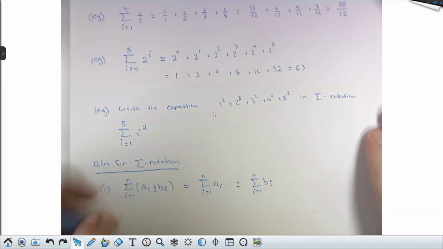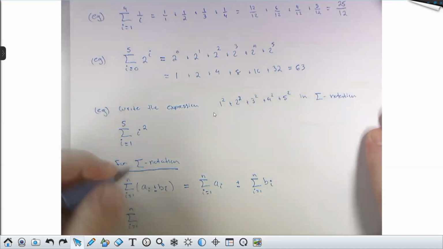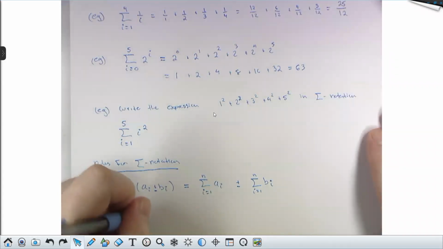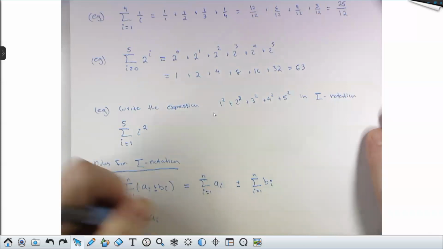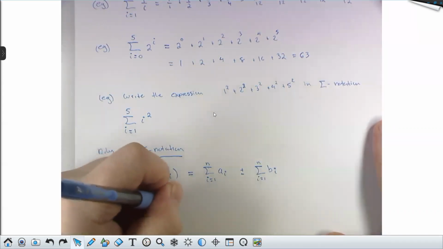Similarly, if you have a sum from I equals 1 to n, and inside you have a constant times your function of I, c times I squared, or c times 1 over I, that constant can pop out.